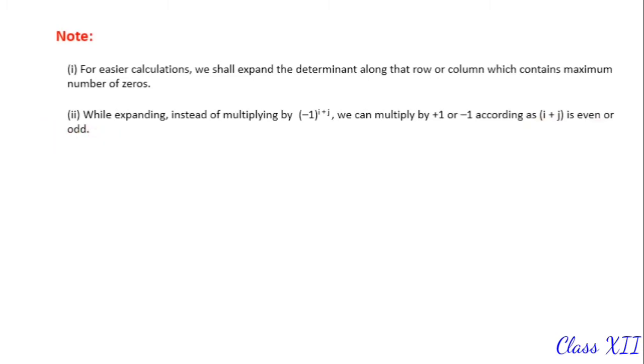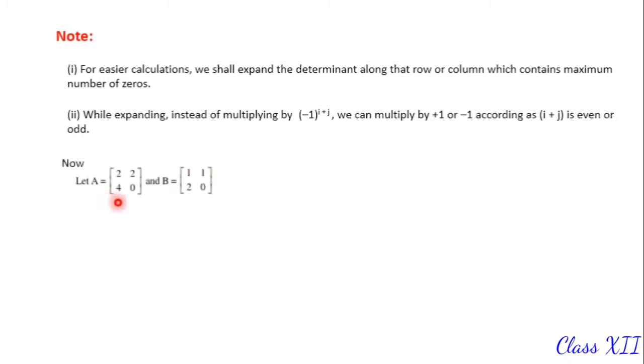For example, if you are starting with A21, that means second row, first column. So 2 plus 1 is 3, which is an odd number, so you can just multiply minus 1. And if you start with A22, 2 plus 2 is 4, which is an even number, so you can just multiply plus 1. That's all.